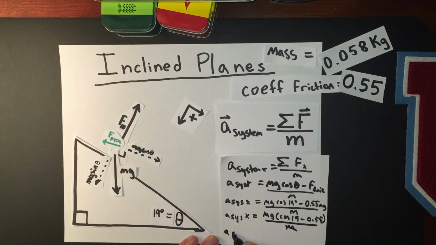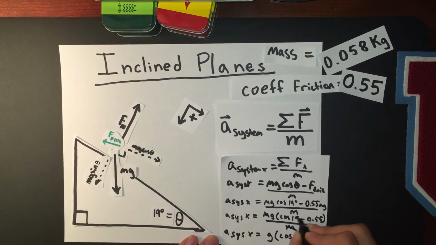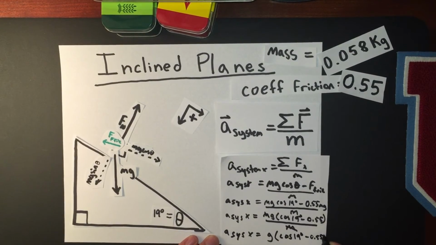So the acceleration of the system in the x direction is equal to the acceleration due to gravity multiplied by cosine of 19 degrees minus 0.55.